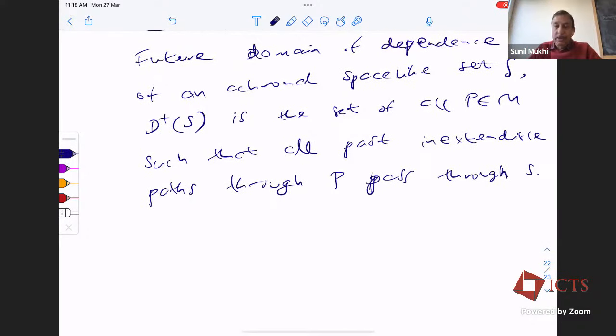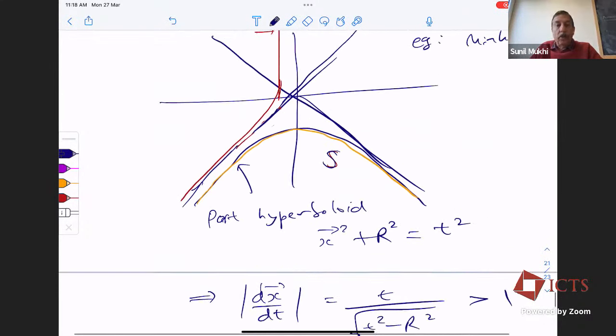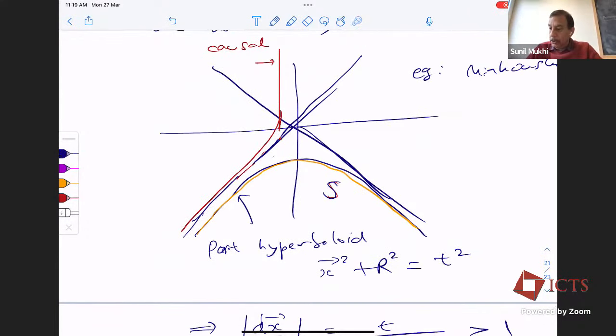It's actually very closely related to things we already understand. Supposing I take an S that's not a Cauchy surface, like this one I just showed you. Well, it has some future domain of dependence, the set of all points from which past inextendable paths do pass through it. Right now, I am a little puzzled what that is, but I think it's just this, right?